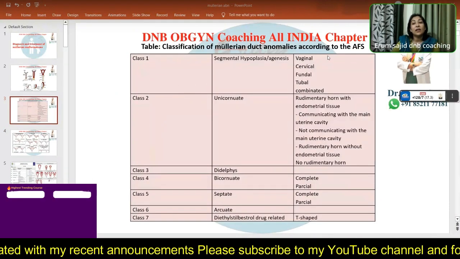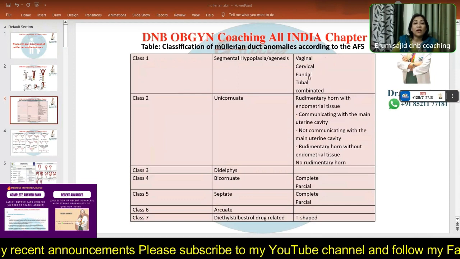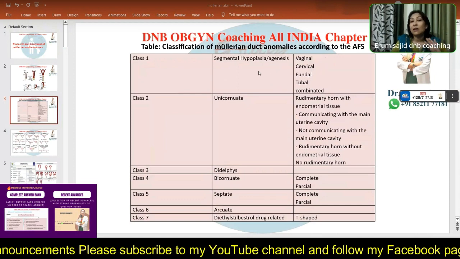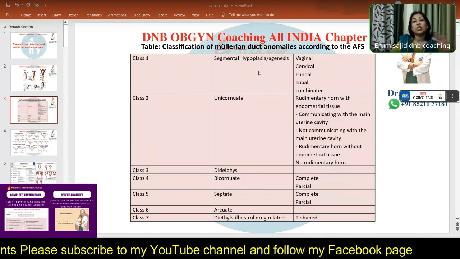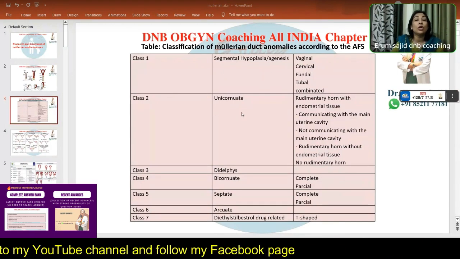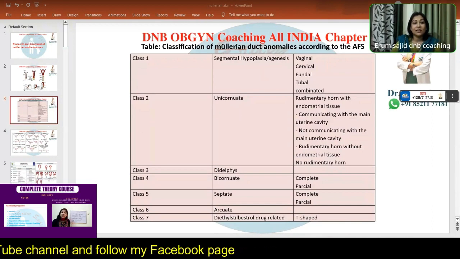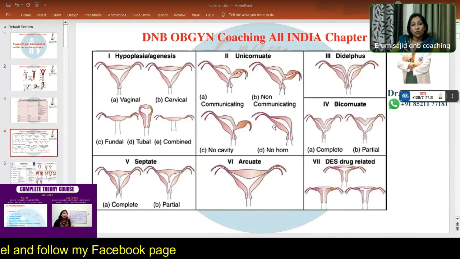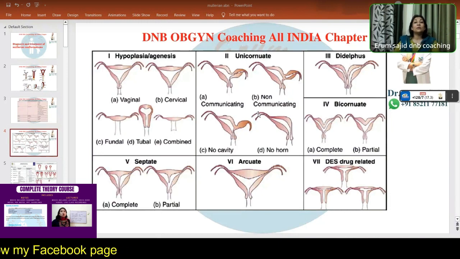It could be vaginal, cervical, or fundal, but it's basically a hypoplastic uterus, cervix, vagina, or even just tubes. So it's class 1. Class 2 is unicornuate. But I feel this is a better slide for me to teach you. This one. Why? Because it's pictorial. You tend to remember better. So let's take up this first.